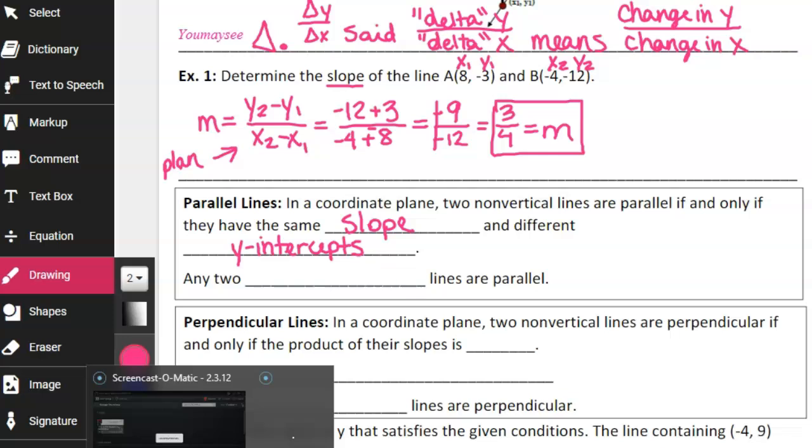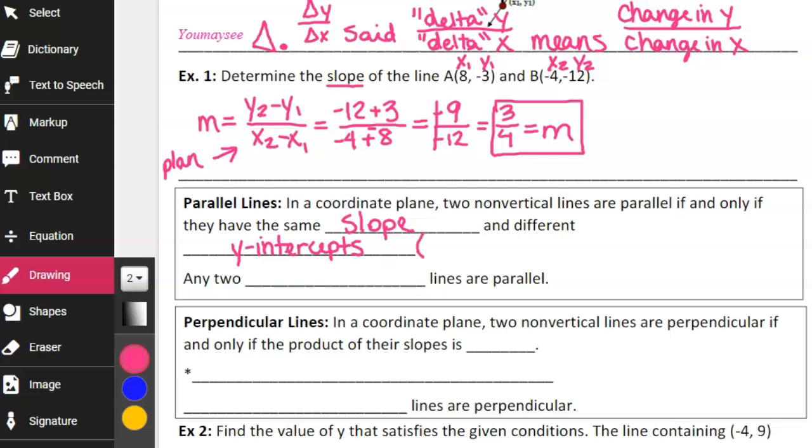If they have the same slope and the same y-intercept, that just means that they're the same line. If they don't have the same y-intercepts, then they would be parallel. Otherwise, they're the same line, and we don't want coinciding lines, we want parallel lines here.